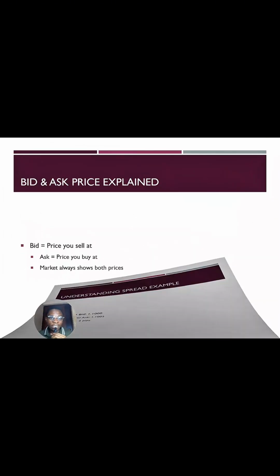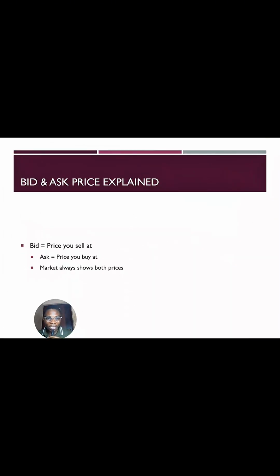So now let's move to the next slide, which is bid and ask price. Someone said, Obed, you told me about spread. You said spread is the fee. So how do I calculate the spread so that if I'm using a broker, I check that their spread, their fee, is very small, and I go with that broker, right? So when you check, as I was explaining here, the bid is the price you sell at, and the ask is the price you buy at.